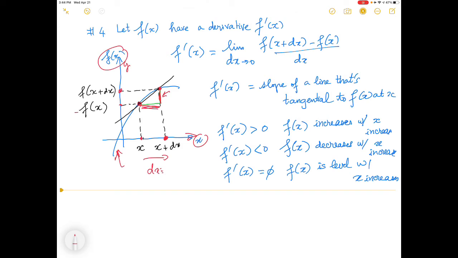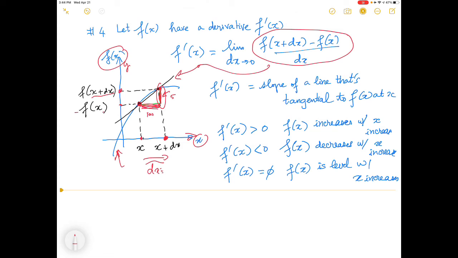You've seen on the road, let's say this is a 5% grade. That means 5 over 100. So the slope here is equal to the distance here, which is f of x plus dx minus f of x, divided by the distance here, which is dx. So that's what I'm writing here. That is the slope of this particular line right here.